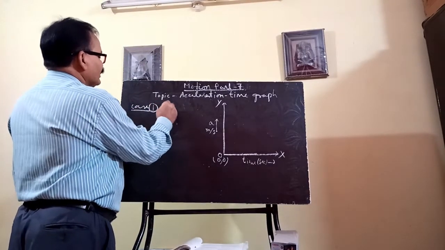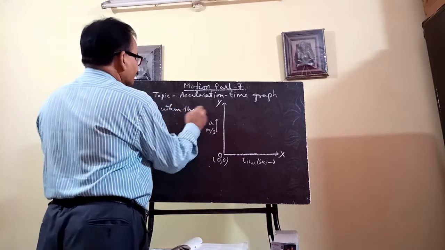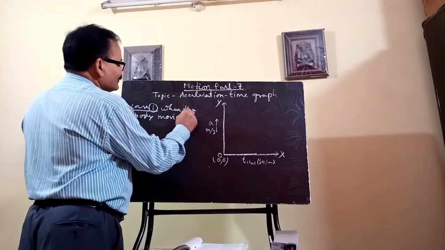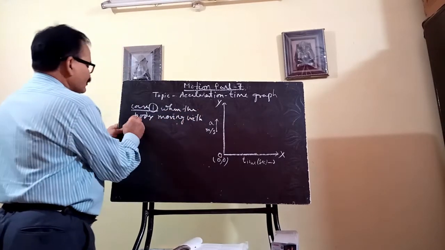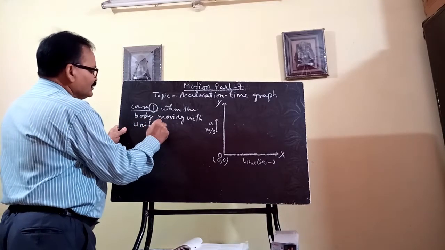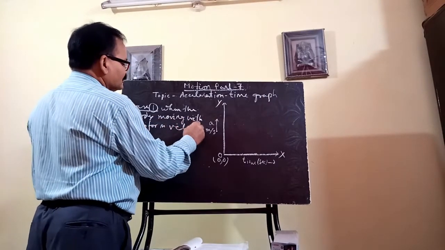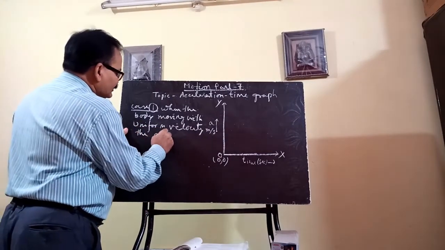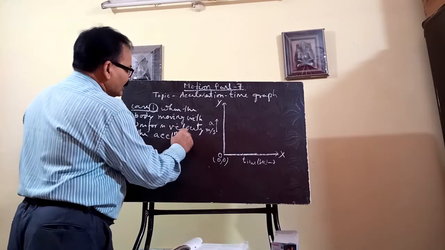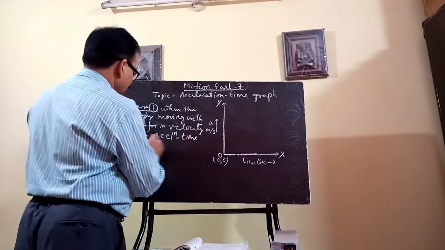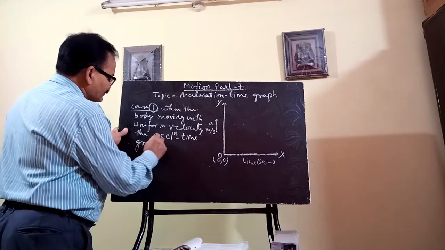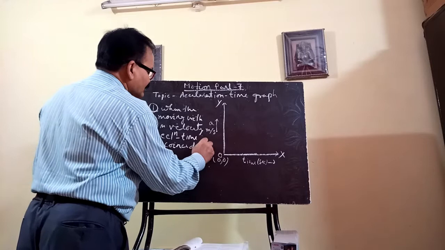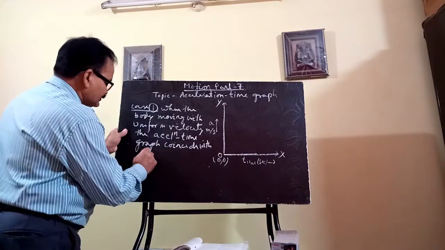Case 1: when the body is moving with uniform velocity, then the acceleration time graph coincides with the time axis.